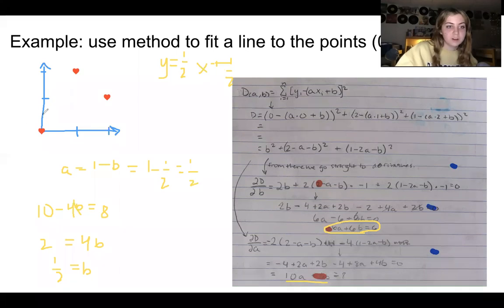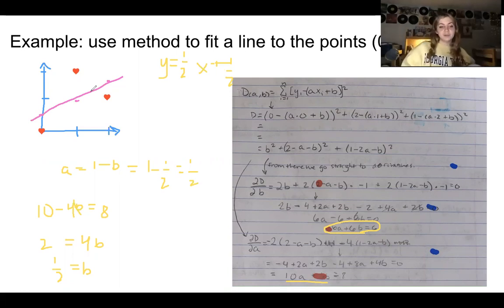So our y-intercept is 1/2, yeah, so the line's going to look something like this. Obviously not perfect, but you get the idea. So as you can see, the method of least squares is actually really simple and widely applicable.